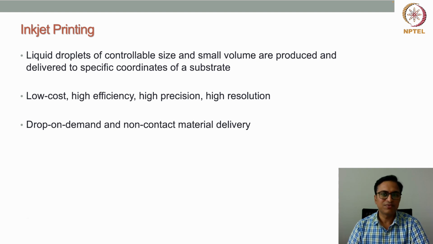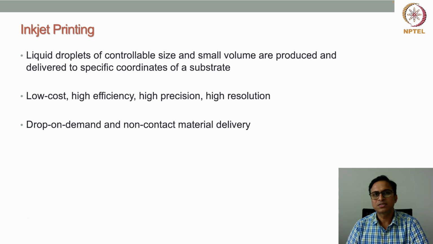So this is a very efficient, very high throughput technology, and it's highly precise because droplets of controllable, reproducible size can be easily produced with this technology. Various types of biomaterials or pharmaceutical formulations can be used for generating droplets so that we can use them for our printing purposes.